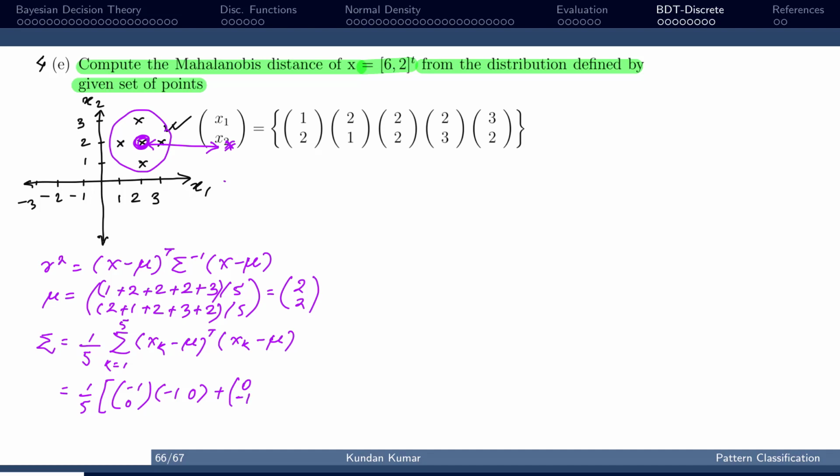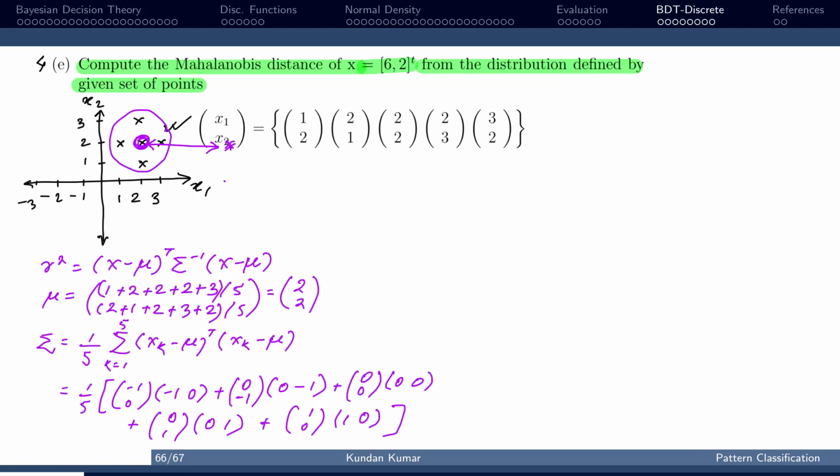So it will be (0, minus 1) times its transpose, plus (0, 0), then plus (0, 1) times its transpose plus (1, 0) times its transpose.